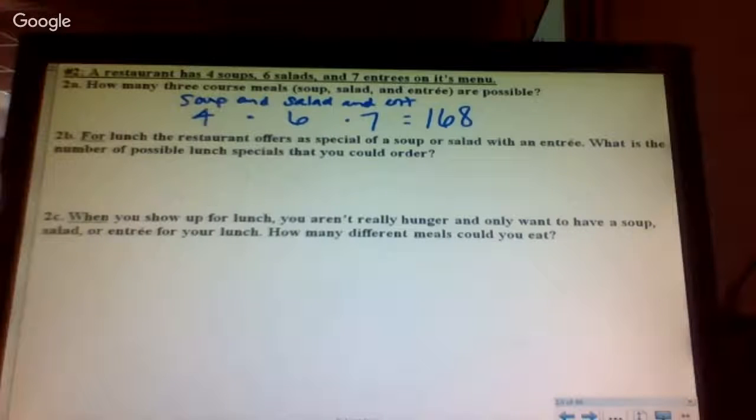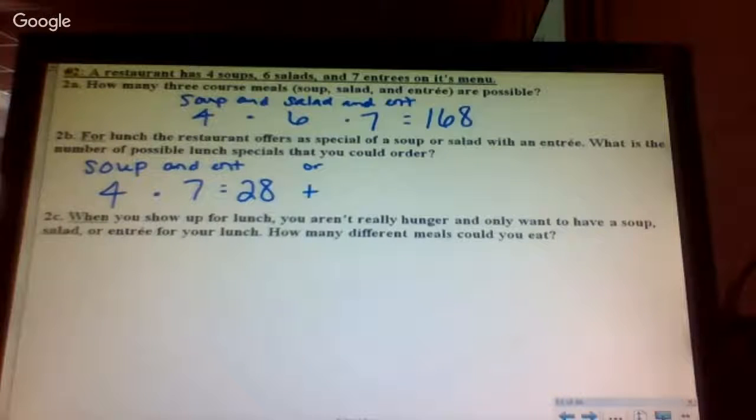Okay. Be careful with this one. For lunch, the restaurant offers a special of soup or salad with an entree. What is the number of possible lunch specials you could order? Let's do it both ways. I can do soup and entree, which is 4 times 7, which is 28.